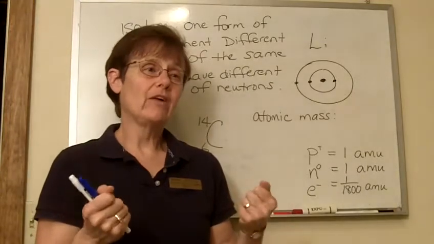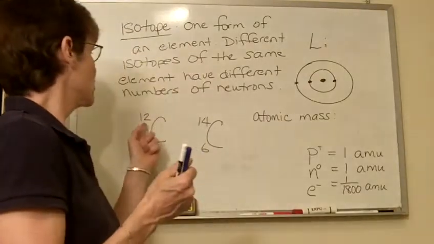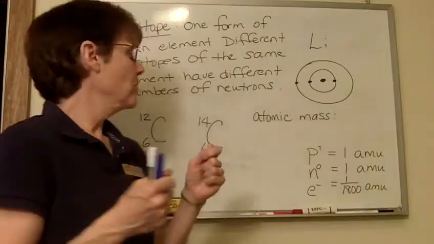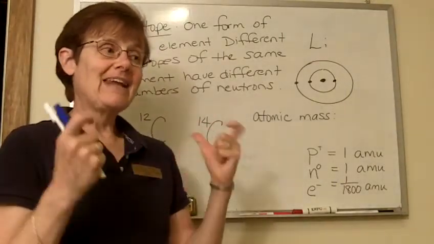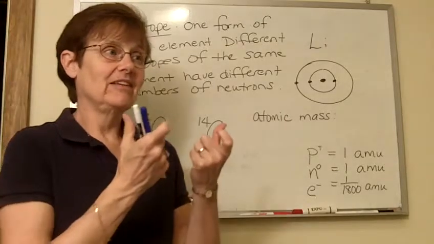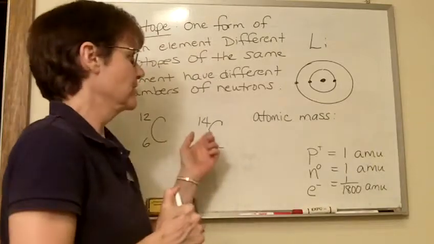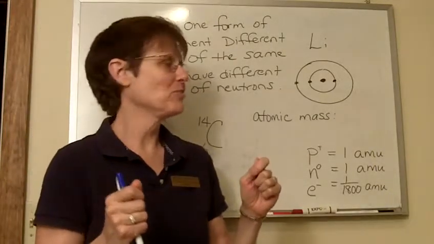And when I say weighted average, we mean that we might multiply the 12 by 99% and then multiply the 14 by 1% and then add those together to get the atomic mass. Now, I'm not entirely sure that there are only 2 isotopes of carbon, so if you do the math and it doesn't come out to 12.011, don't be surprised.